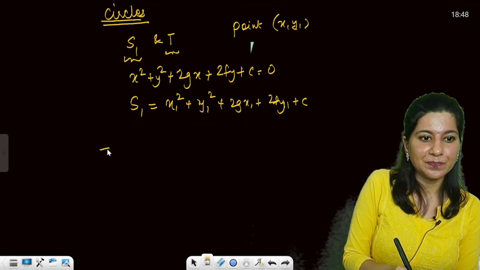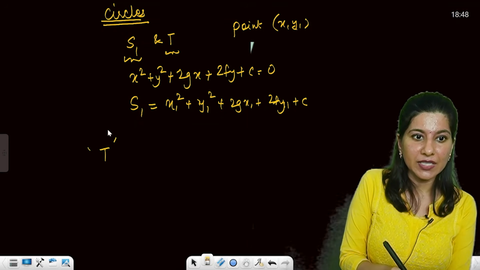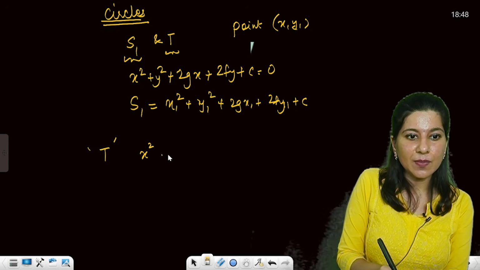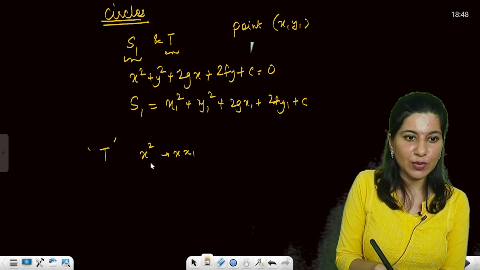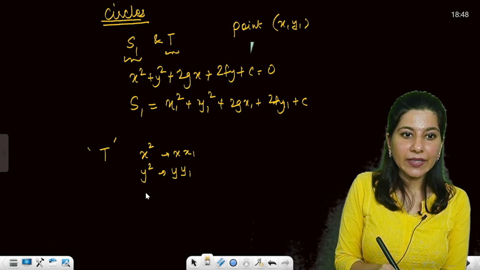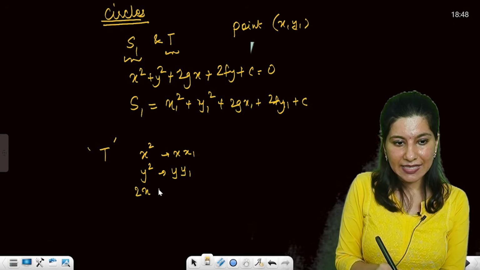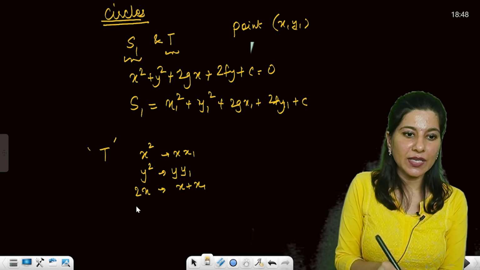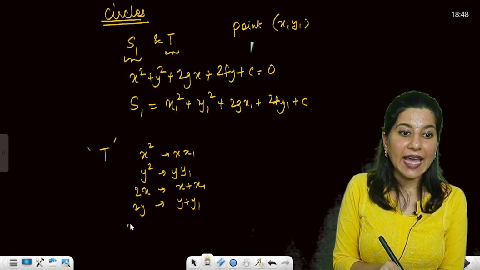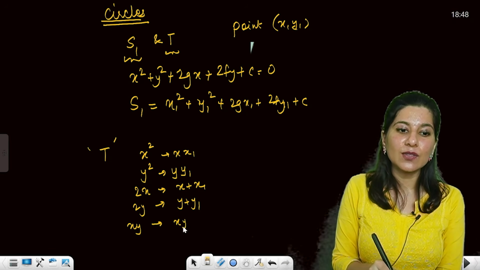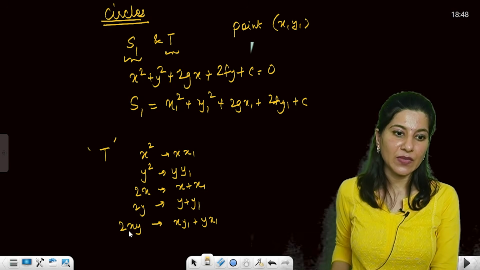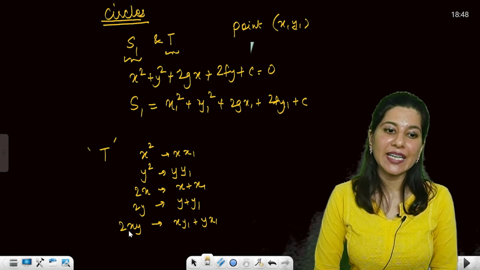Now what is T? To get the T, now this is very important. Again, a point will come into the picture. X square will be replaced by xx1, y square will be replaced by yy1, and 2x basically will be replaced by x plus x1, 2y will be replaced by y plus y1. And 2xy will be replaced by xy1 plus yx1.